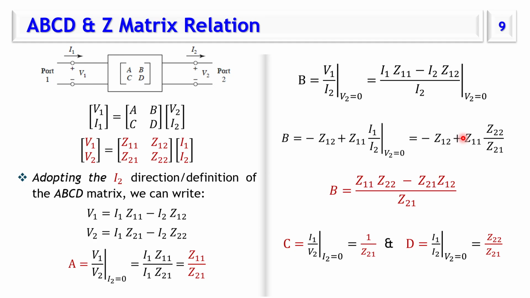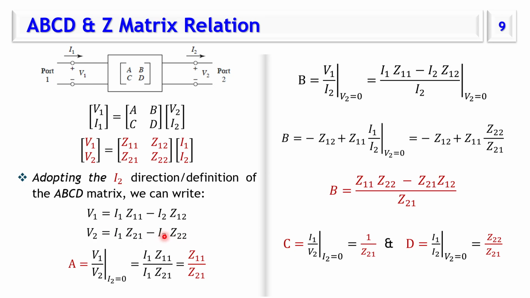For finding C, C will equal I1 over V2 when I2 equals 0. So I2 equals 0, and we need to find I1.